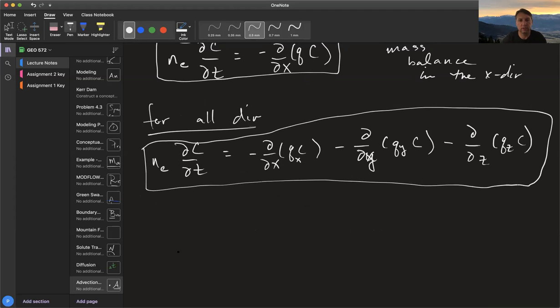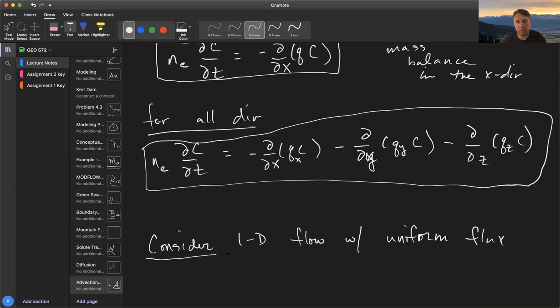So let's consider one-dimensional flow with uniform flux.